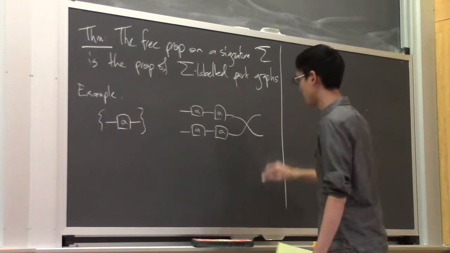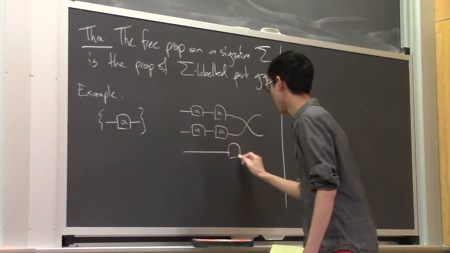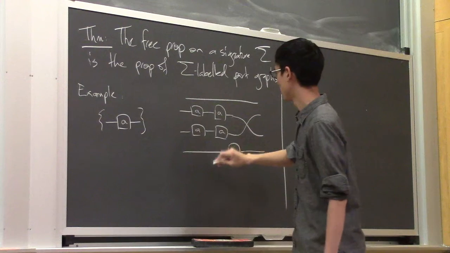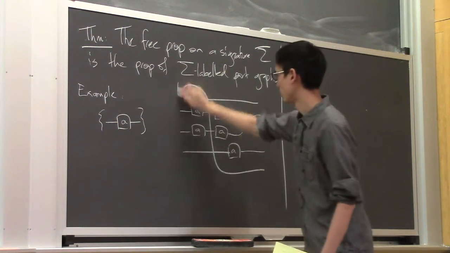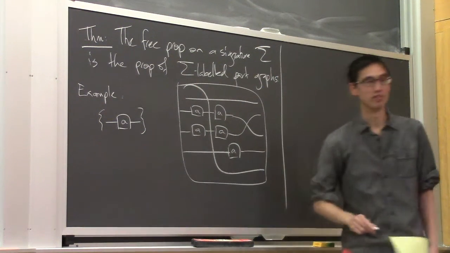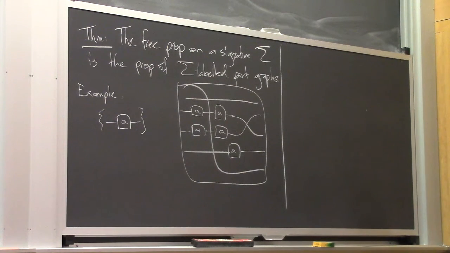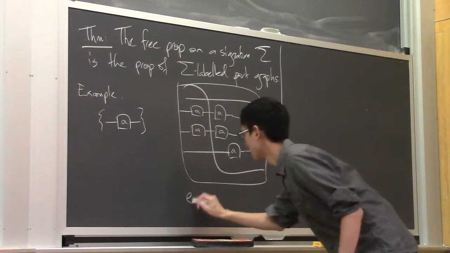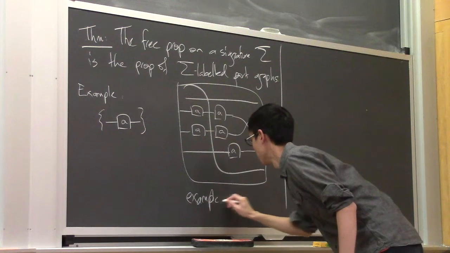We can swap things around. We can have identity graphs. But that's just what a morphism in that prop looks like. So this is an example of a morphism.